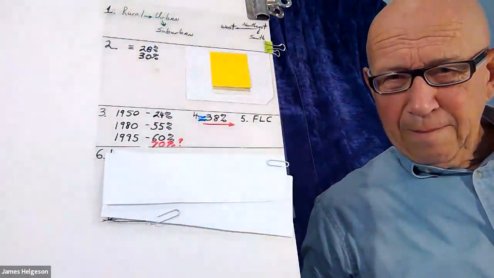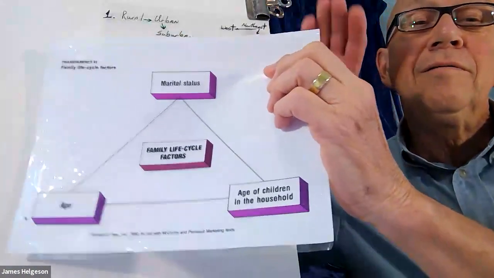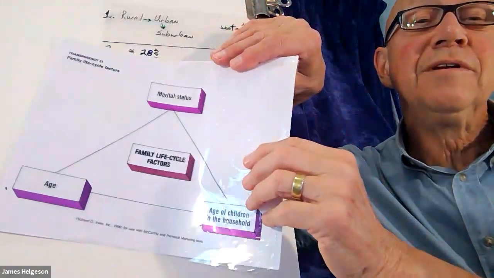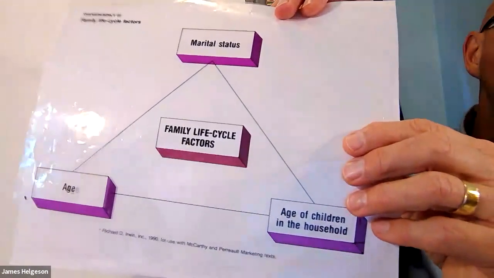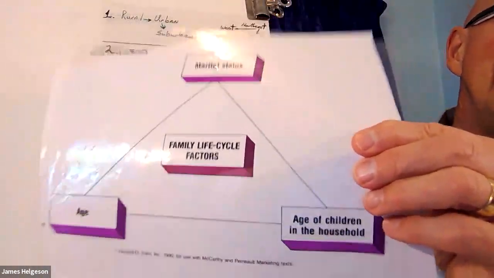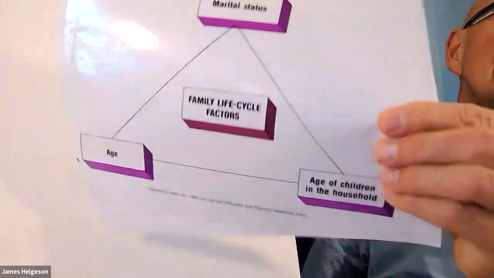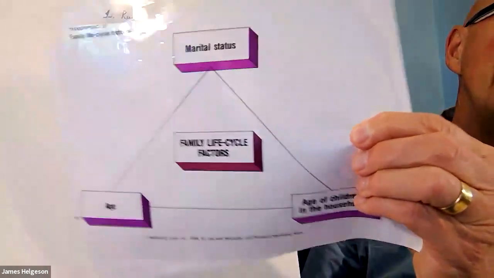Okay. Found it. Family life cycle factors: marital status, age of children in the household. I'm glad I could show that to you because I thought I'd thrown it in the garbage. I don't know what happened to it.